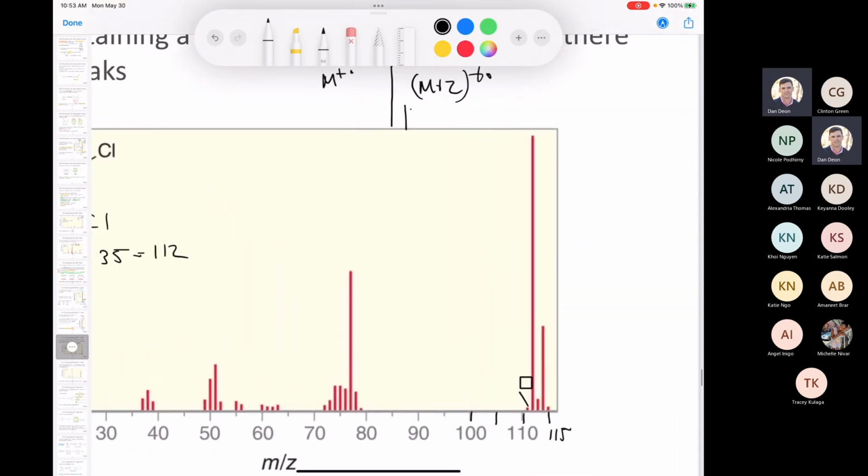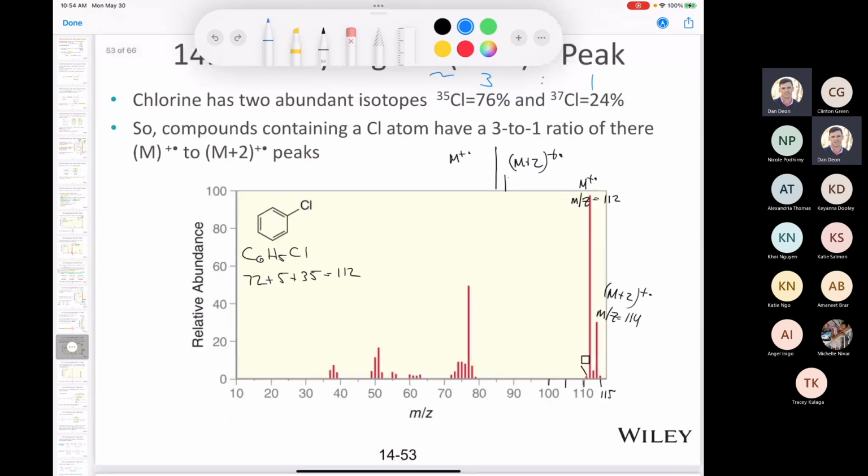So our base peak is our molecular ion, and it has a mass over charge of 112. 113 is really small, but you see that you have something that has a mass over charge equal to 114, and that would be our M+2 molecular ion. Well, you notice that if we assign the height of this a value of 3, this is about 1. So we have a 3 to 1 height ratio for our parent and our M+2. That means that we have chlorine in our molecule.